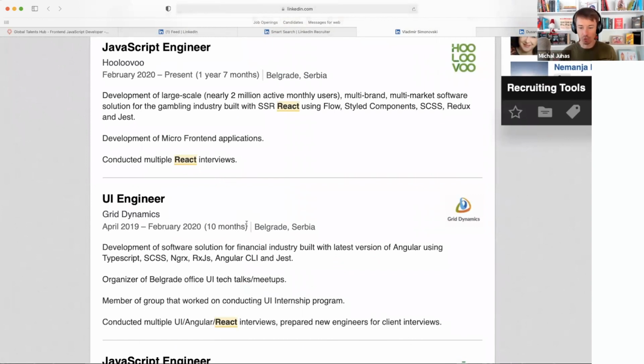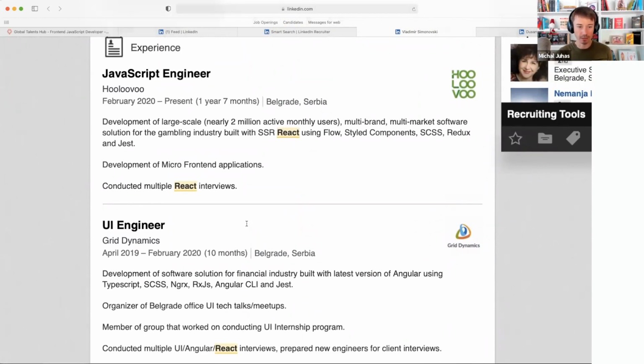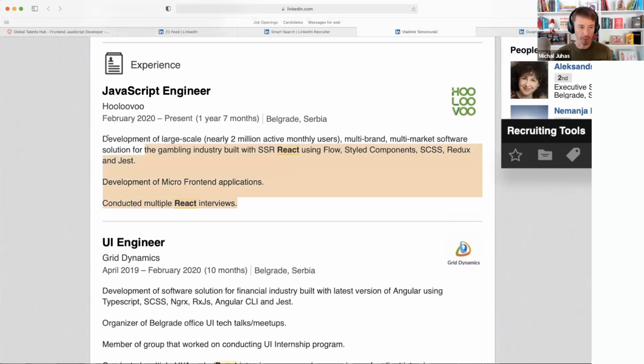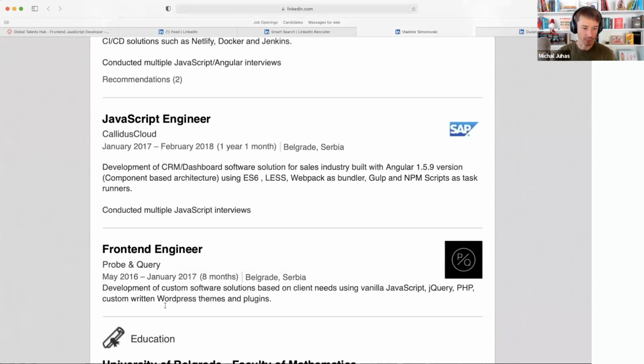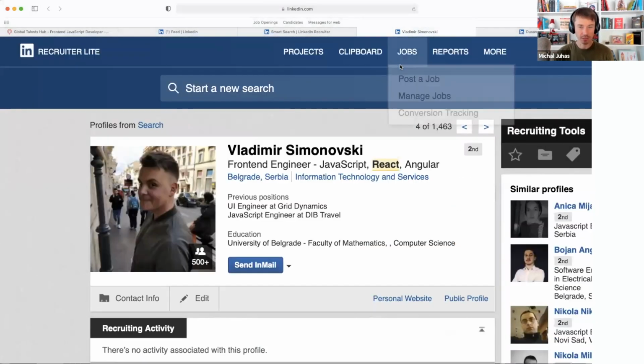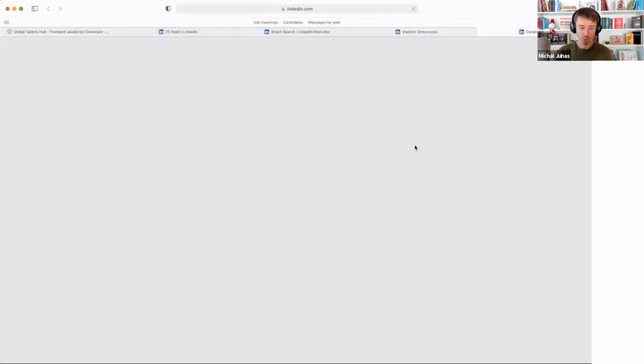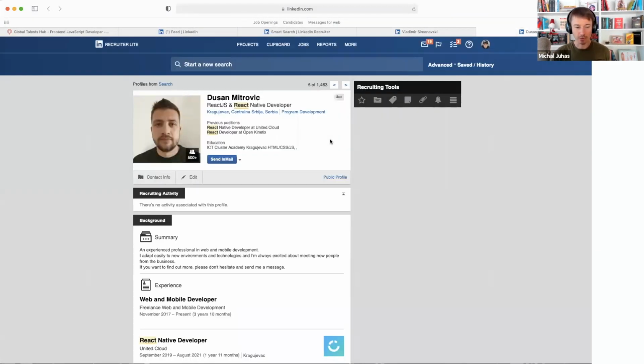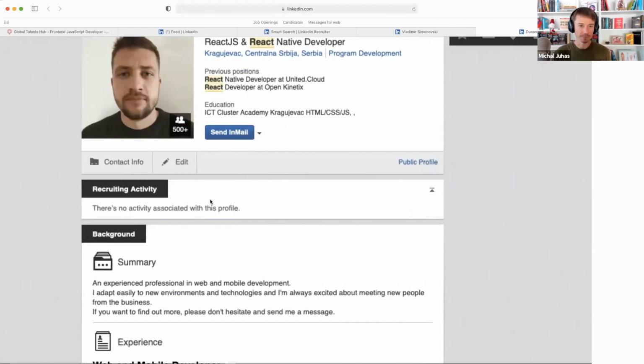Well, it's so-so. If we couldn't find anyone else, he would probably pass the test. If we round 1.5 years up, then it is almost 2 years, right? And overall, he has about 5 years of experience. But let's review 1 or 2 more profiles, and maybe we will find someone who is exactly a good fit.